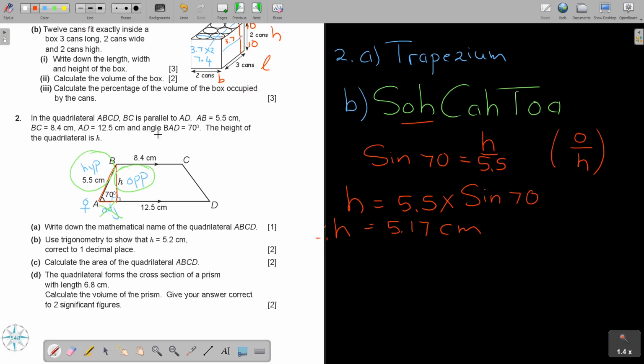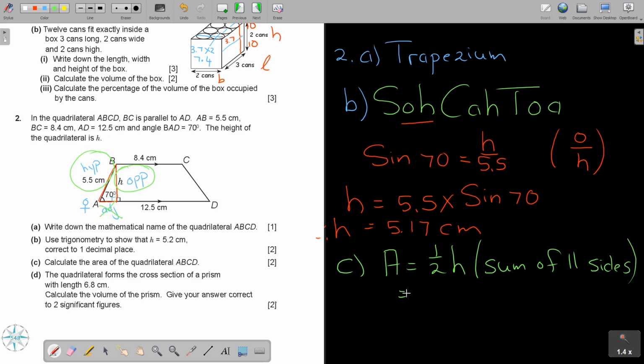Oh, that's so easy. The formula, just the formula. Okay, let's do it. What is the formula for the area of a trapezium? So easy. Half height, sum of parallel sides. That was also in your tables.